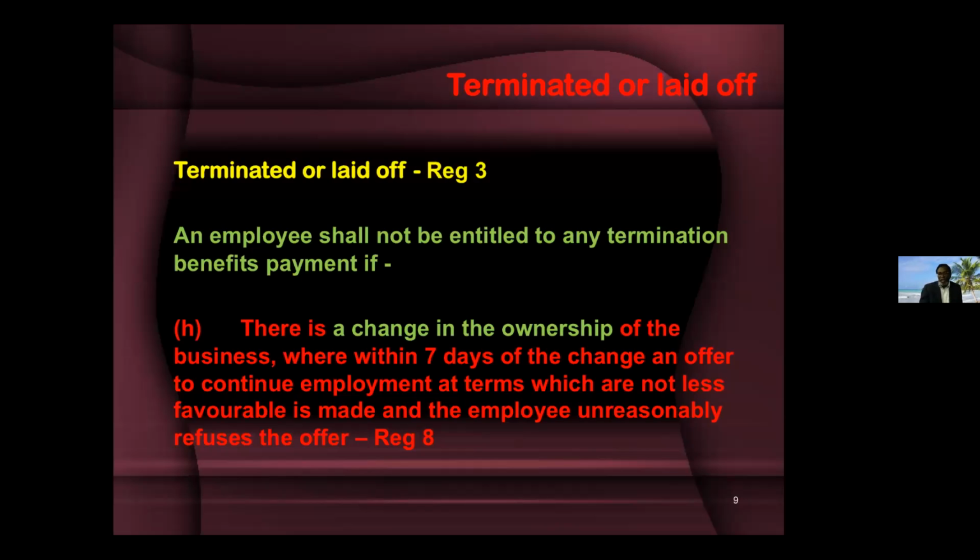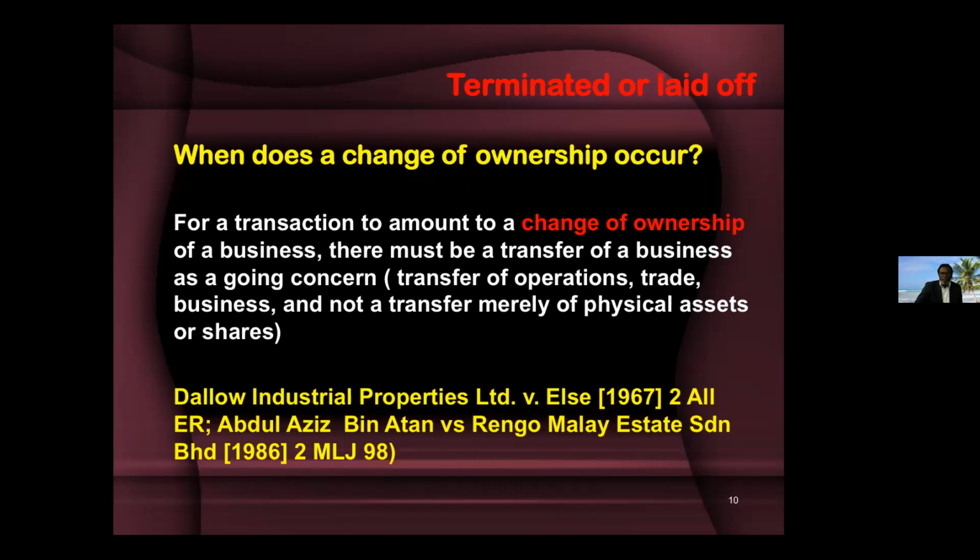Let's take a look at what is legally meant by change of ownership. For the transaction to amount to a change of ownership of a business, there must be a transfer of a business as a going concern. So a transfer of operations, trade, business, and not a transfer merely of physical assets or shares.